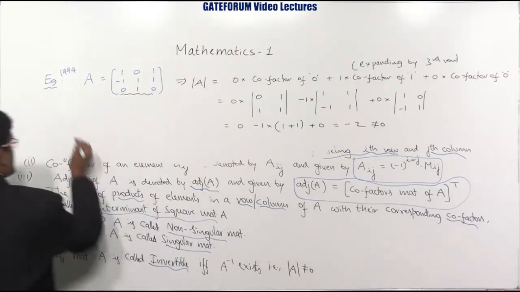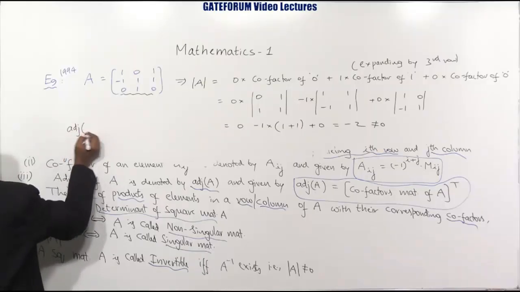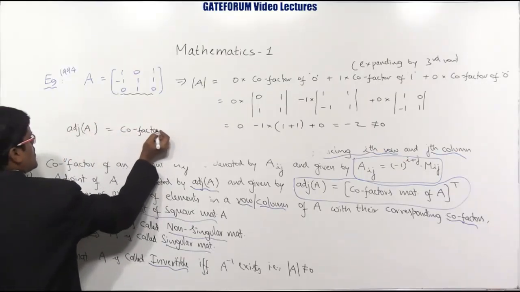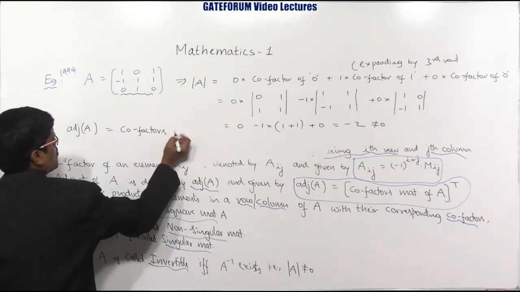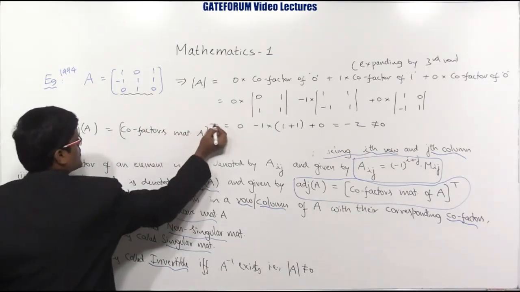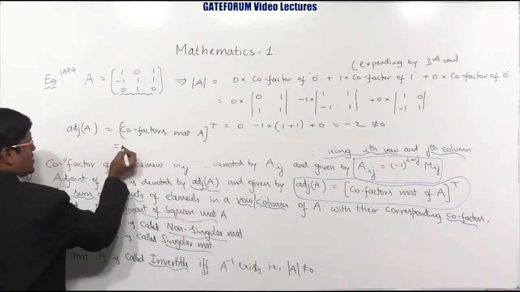Now, finding adjoint A. What is the adjoint A definition? Every element is replaced by its cofactor, giving the cofactors matrix of A. Then transpose. What exactly does this give?